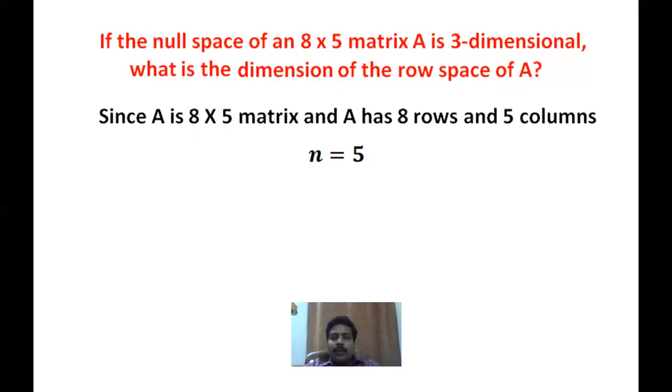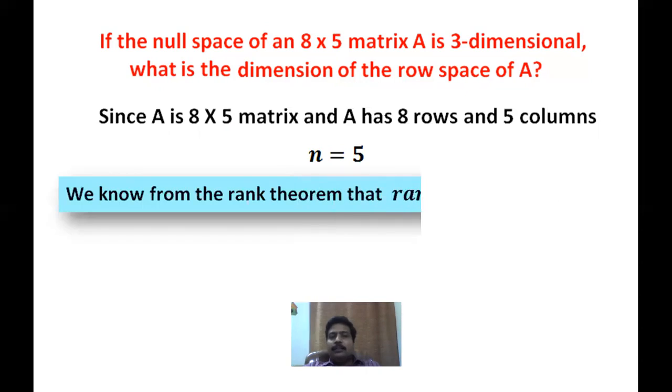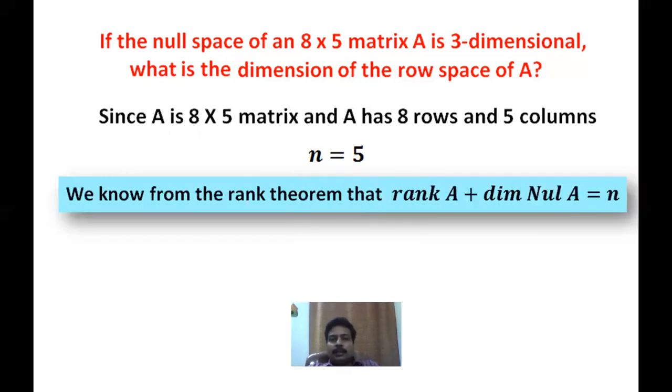Therefore, for m by n, n is equal to 5. So n is the number of columns in the matrix, that is 5. Further, it is given that the null space is 3-dimensional. So dimension of null A is 3.